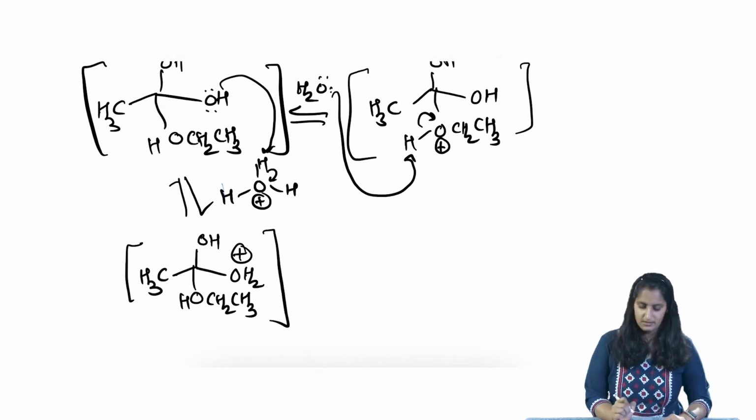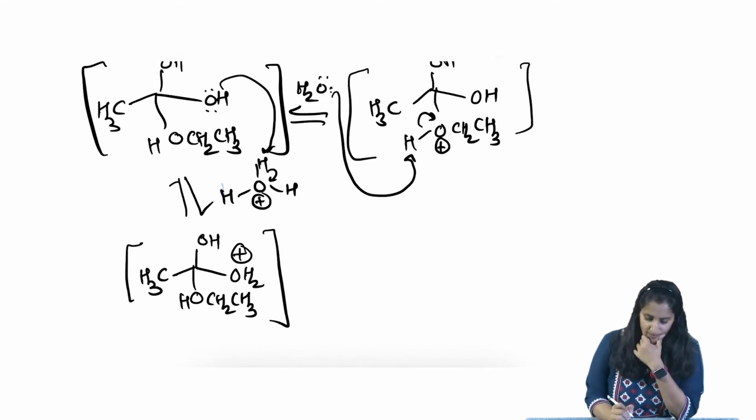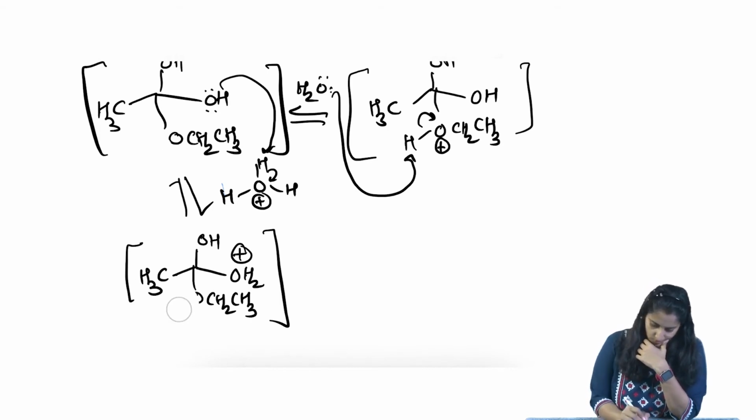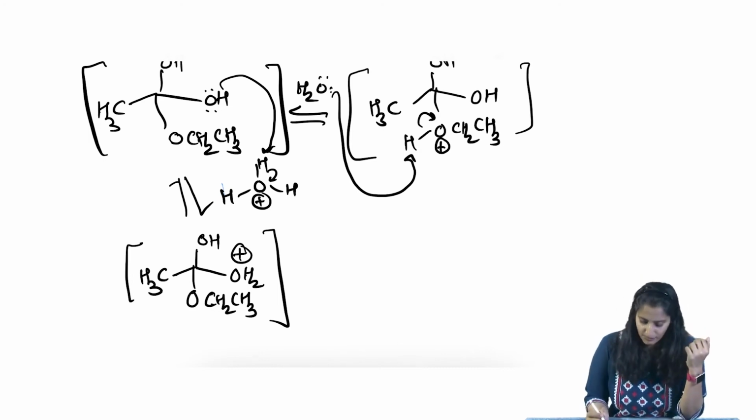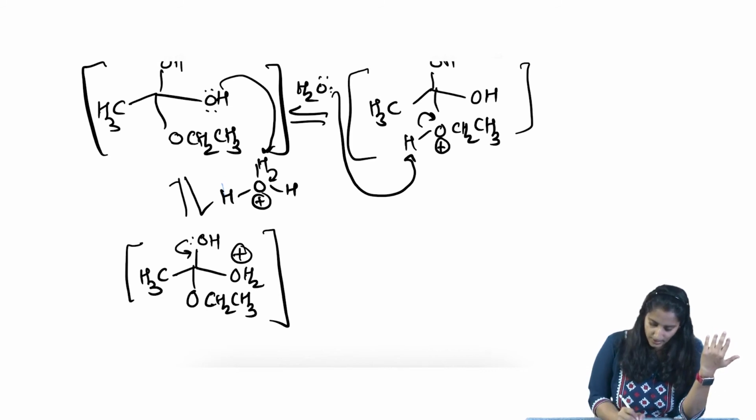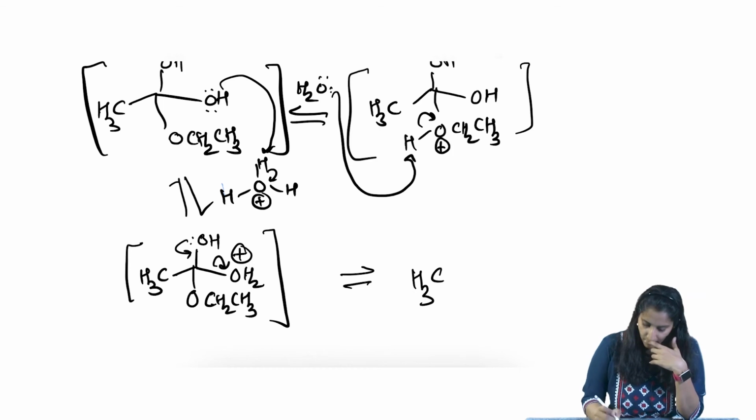We form this, and as it forms, oops, sorry, why am I writing this hydrogen? We need to remove this. Yeah. Now it is good. And as it forms a good leaving group, you can kick it out, reforming the bond here.